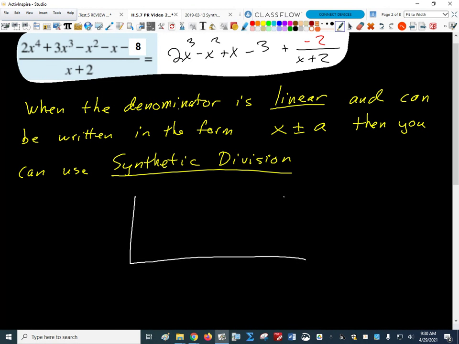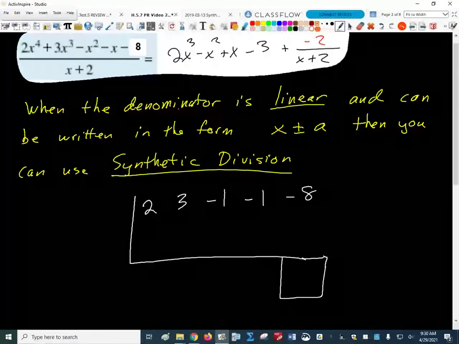And I have to leave a column for every power of x, just like I do with long division. I would just take these coefficients of the numerator and write them up here. So in this case, I'm going to get a 2, a 3, a -1, a -1, and a -8. And whatever the constant is, below the constant, I'm going to put my remainder box. Okay? So far, so good.